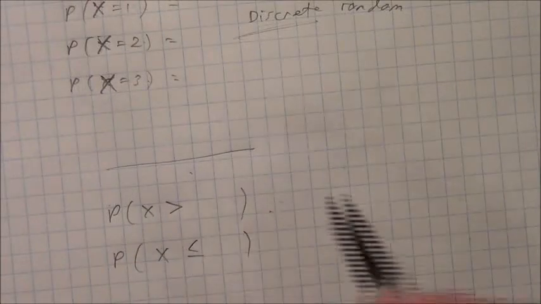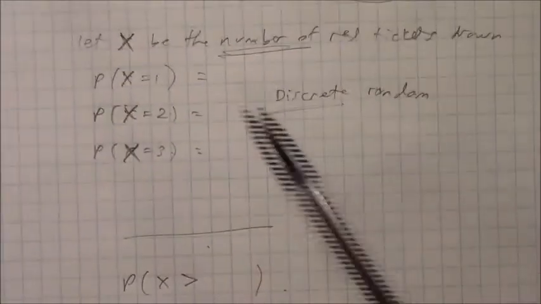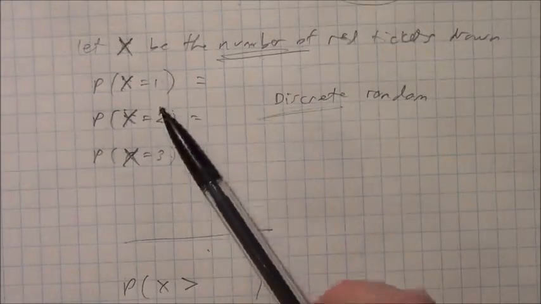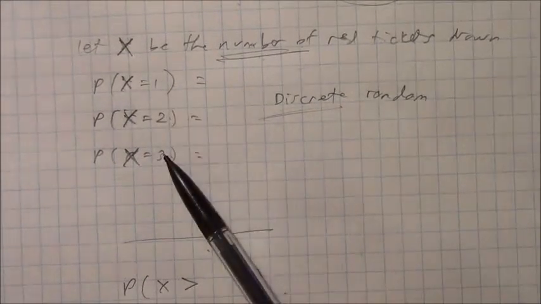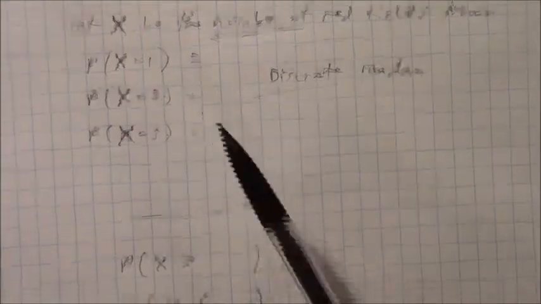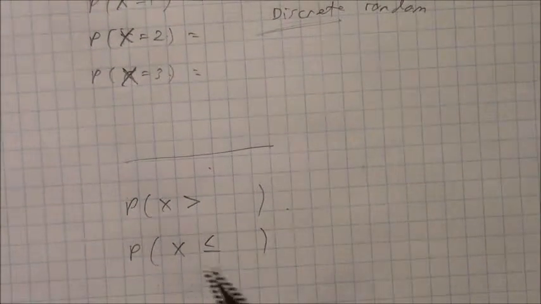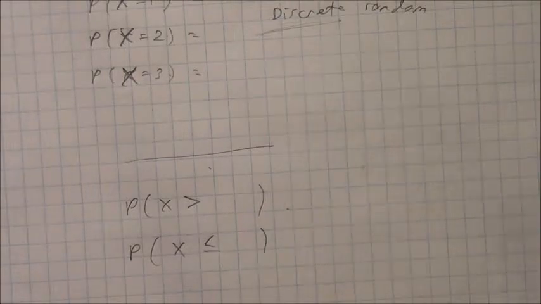So that's where we get more of a range involved. Now we can still do the ranges with the discrete, but the values that we are using will all be integer values. Whereas values with the continuous random variables, those are going to be the ranges of values for sure.